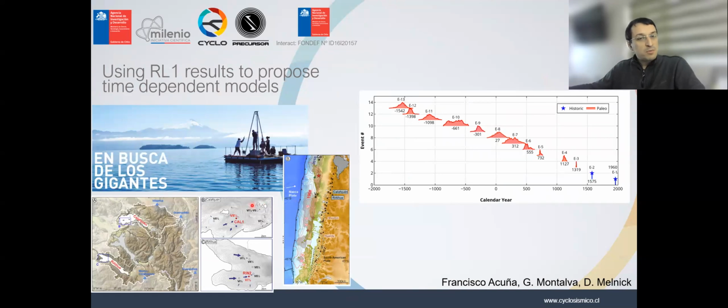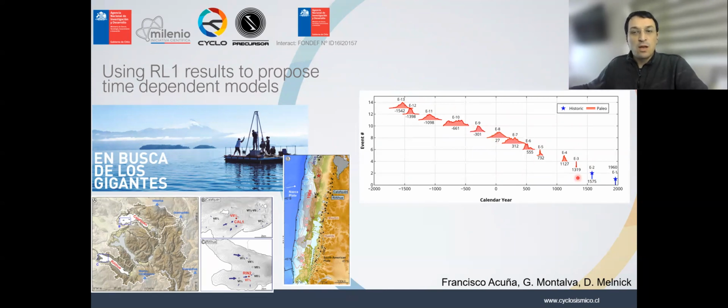Research line 1 provides us with the historical evidence, either from historical records themselves or using paleoseismology. For that, they have been doing tests in lakes and offshore, and this has provided a long history of events.